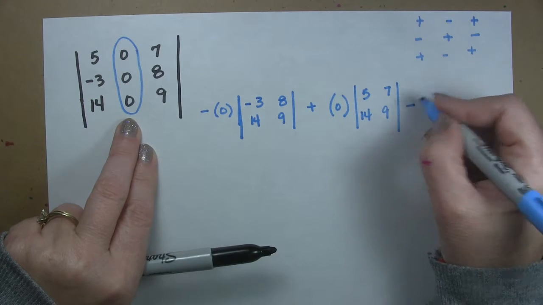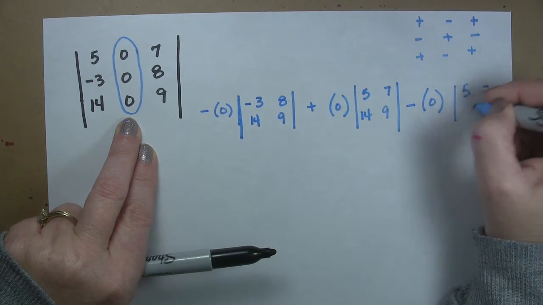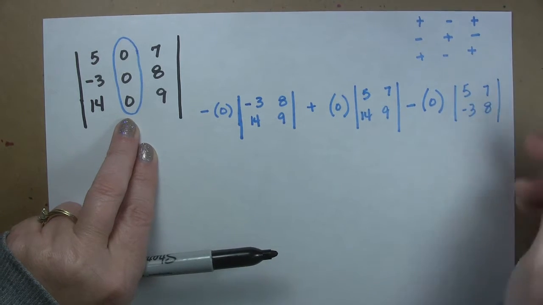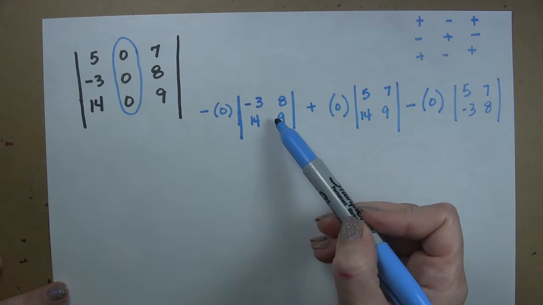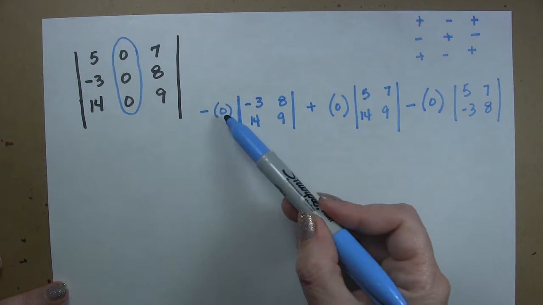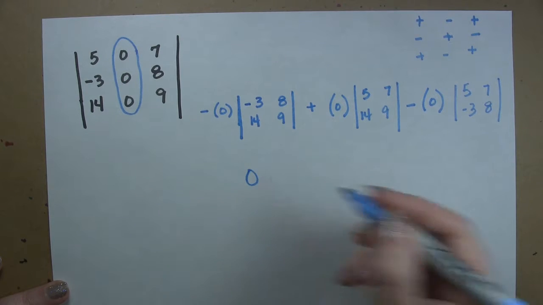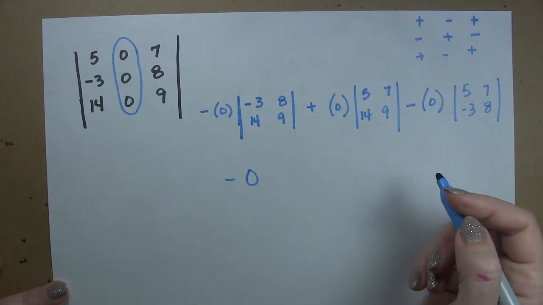And then we do minus a 0 times its minor, which is 5, 7, negative 3, and 8. Okay? You guys following me here? I'm not even going to have to calculate what this is, because whatever it is, I'm multiplying it by 0. So this becomes 0. A negative 0 if you like, but a 0.